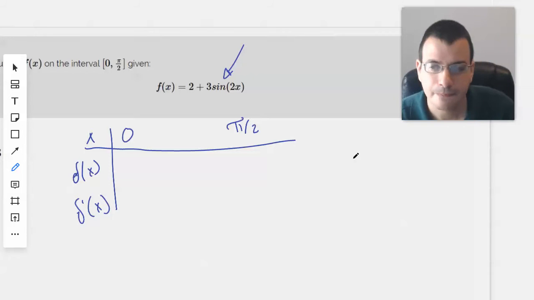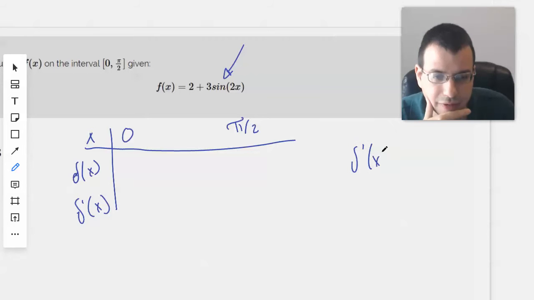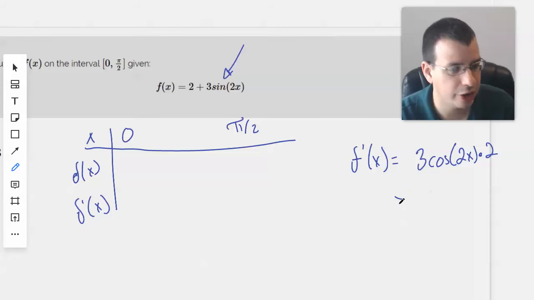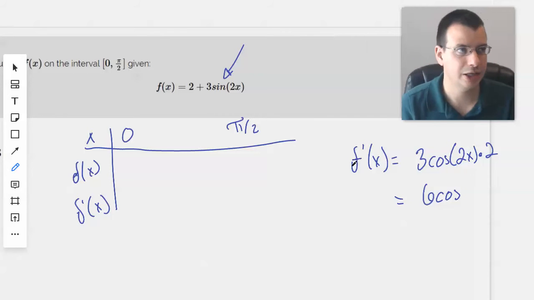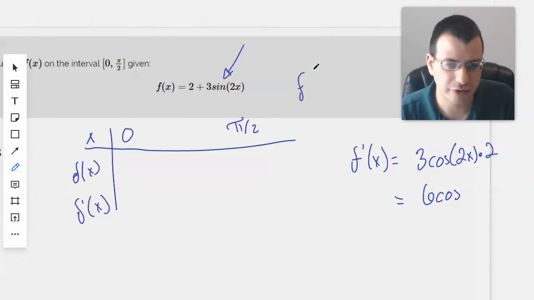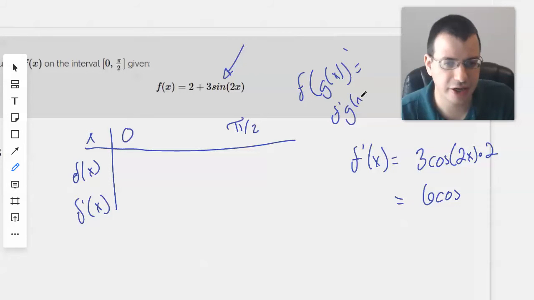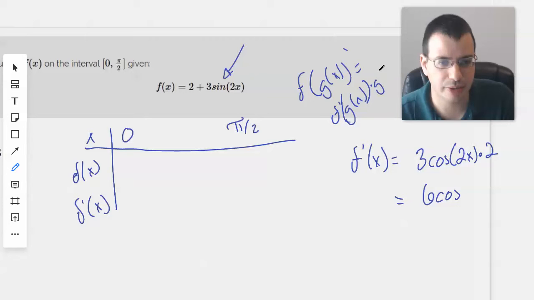Okay. So f prime of x equals, 2 goes away because it's constant. And then we have 3 cosine of 2x times 2. And we get that extra 2 out there because we have the chain rule, multiplied by the derivative of the interior. f of g of x, prime, equals f prime of g of x times g prime of x.